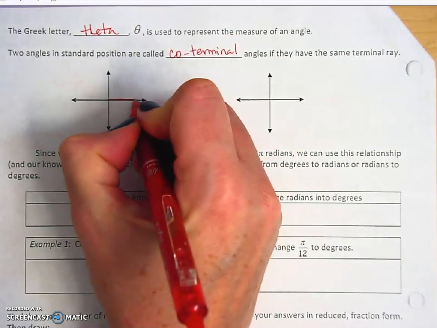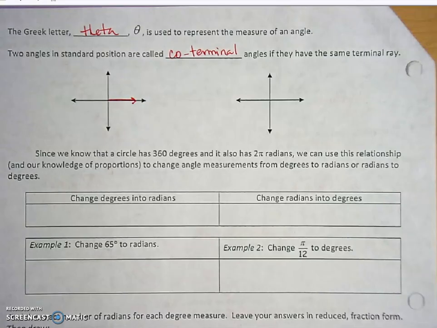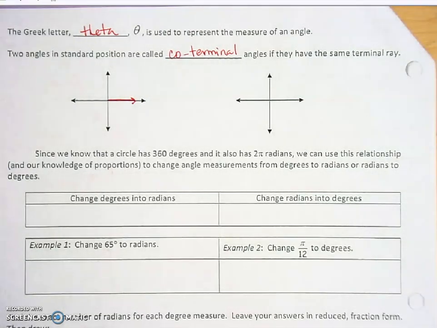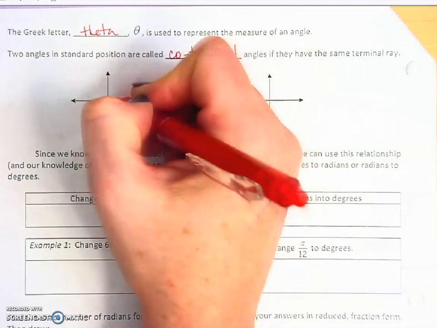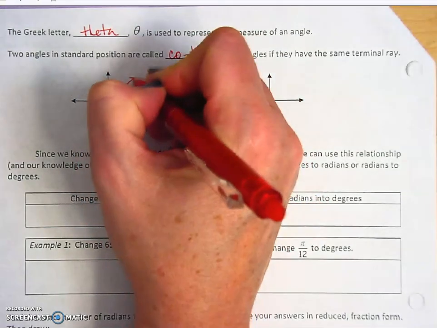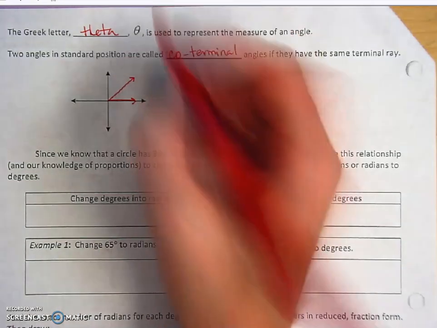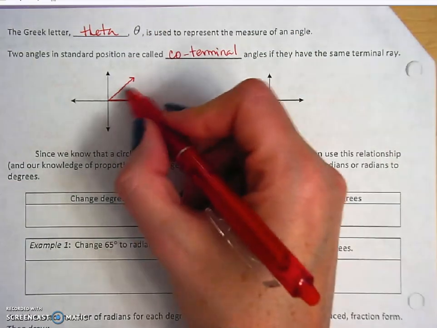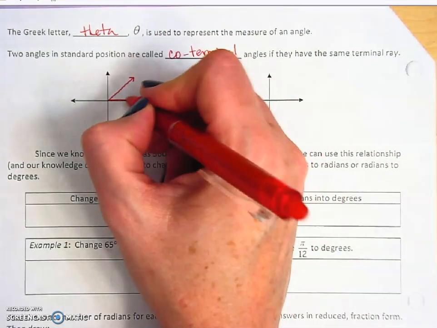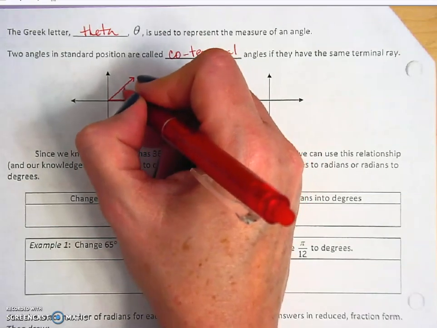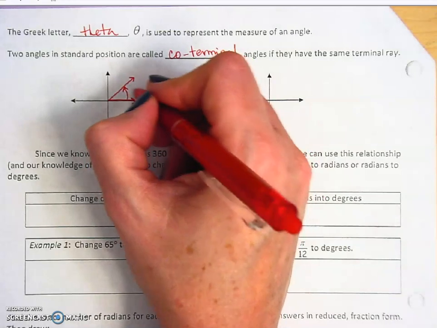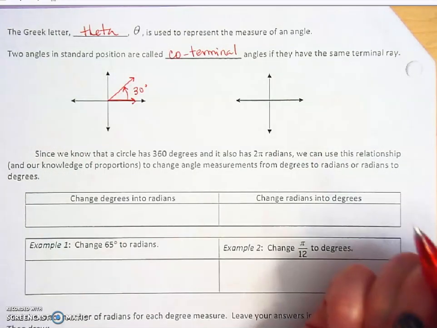So I've got my initial ray here, and I'm going to draw this terminal ray. There are two ways that this could be the terminal ray for an angle. One is if I started at the initial and rotated up counterclockwise, and that would be a positive 30 degrees.